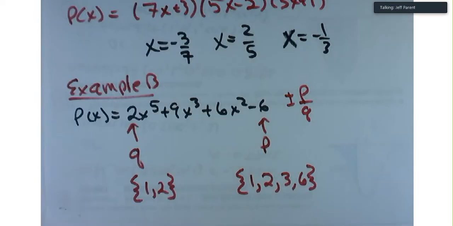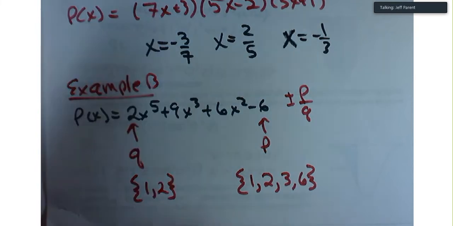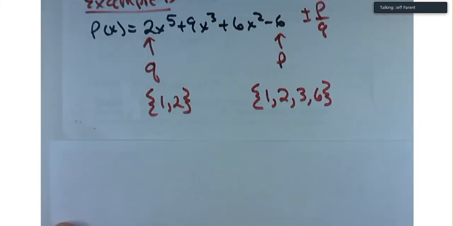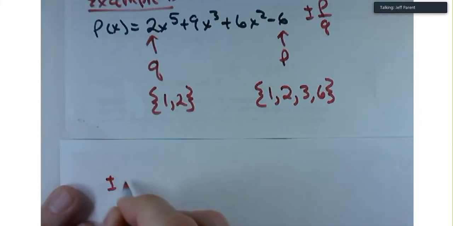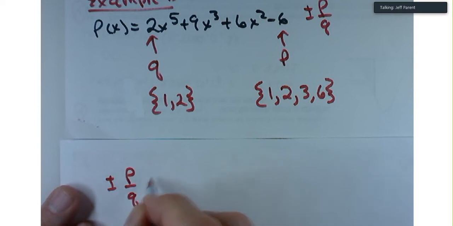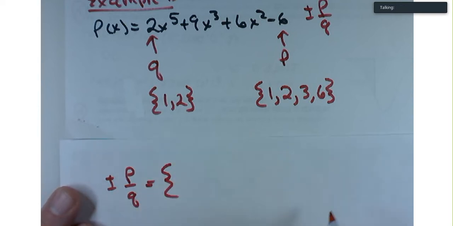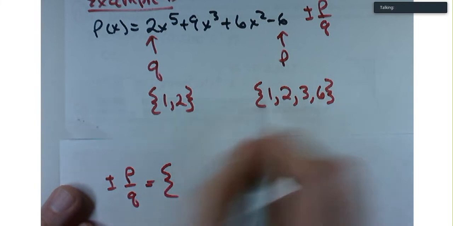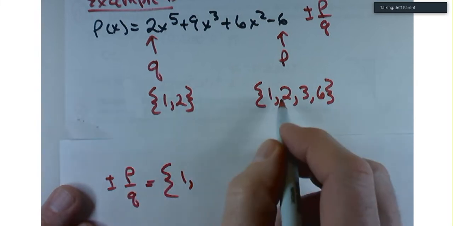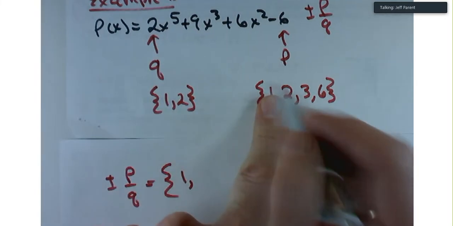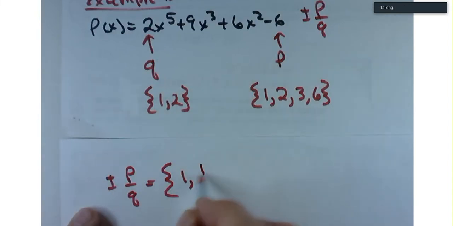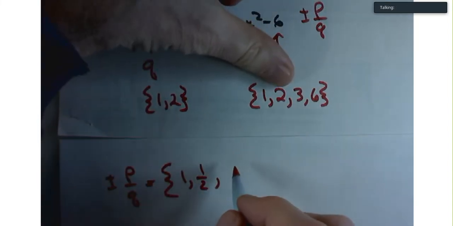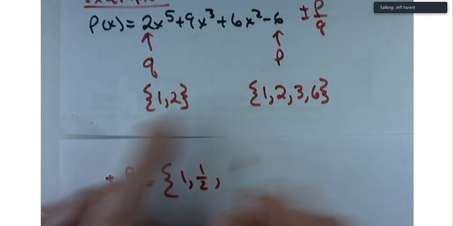Now we're going to have to be a little bit careful here because they want you to list out all the answers. So plus or minus p over q, you just got to be methodical. We'll start out with the 1. 1 over 1 is 1, and then 1 over 2. And then the next one would be a 2, 2 over 1.